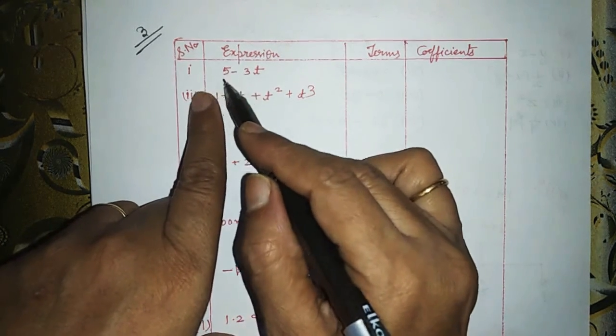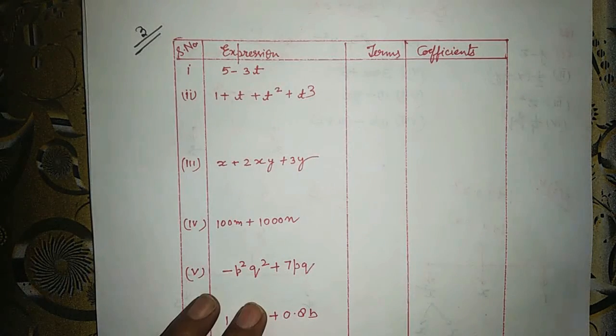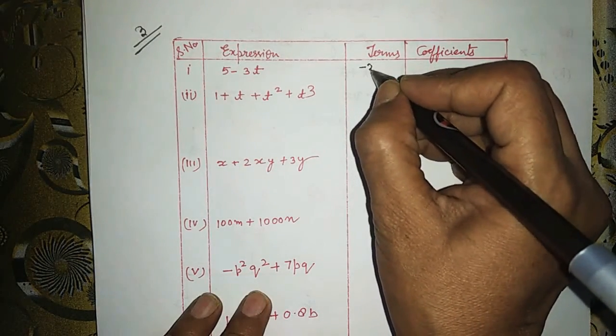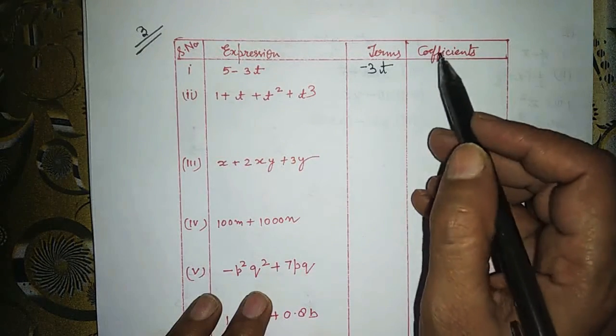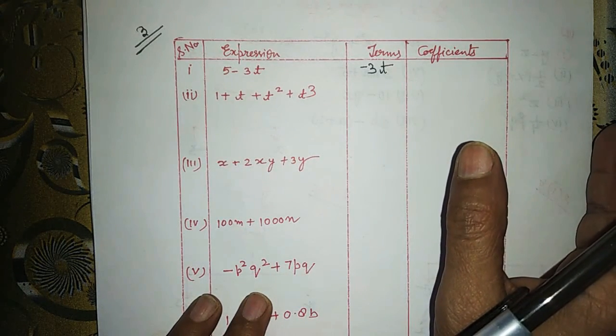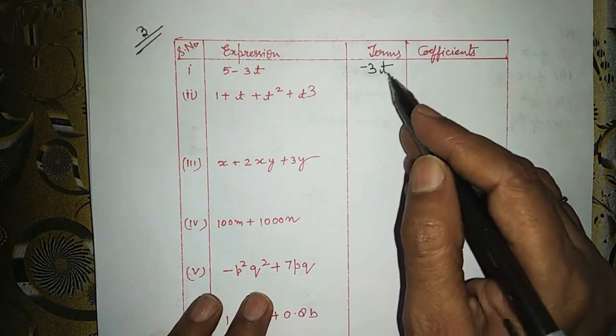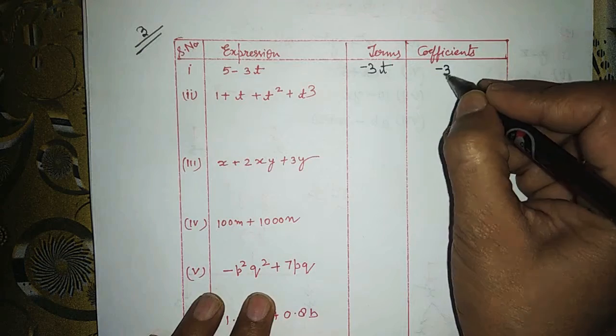This 5 is a constant, so here we will write only minus 3t. And the numerical coefficient of minus 3t is minus 3.